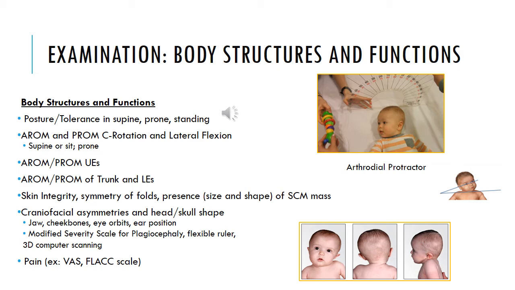So whether you are placing the child in these developmental positions or they are transitioning in and out of these developmental positions, you really want to make note of what is their posture with specific detail to any asymmetries that might be present, especially along any aspect of the spine, beginning from the cervical spine all the way down through the lumbar and inclusive of the hips. And you also want to note what is their tolerance to these positions, and that's going to then further drive our potential interventions.